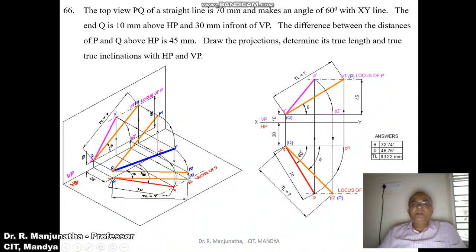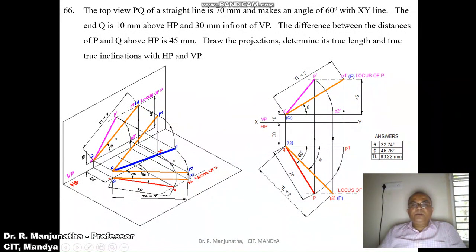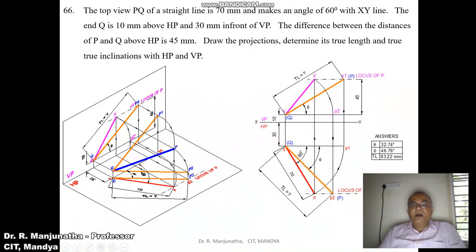Now we know the front view and we know the top view. Now we need to find out the true length in the vertical plane and also the true length in the horizontal plane. To find the true length in the vertical plane, with Q as center, taking the radius of QP with a compass, draw a smooth arc such that it cuts the locus of Q in the top view. Mark this point as small p1.